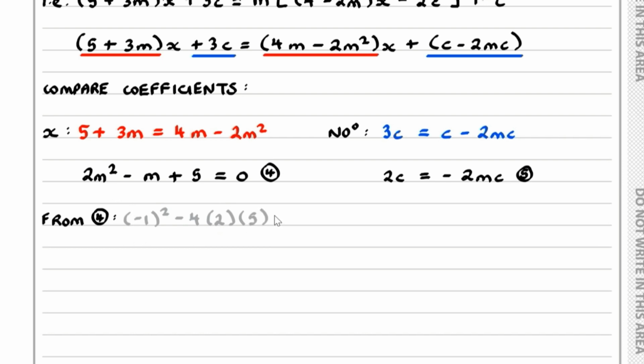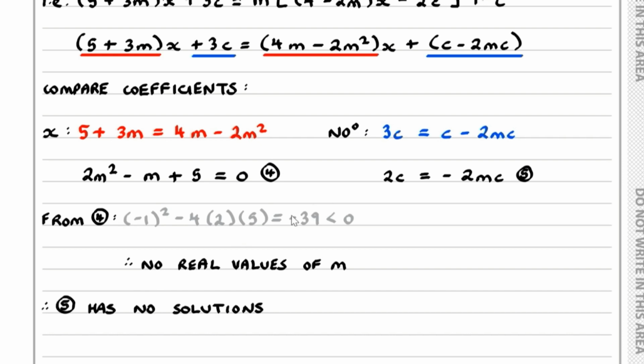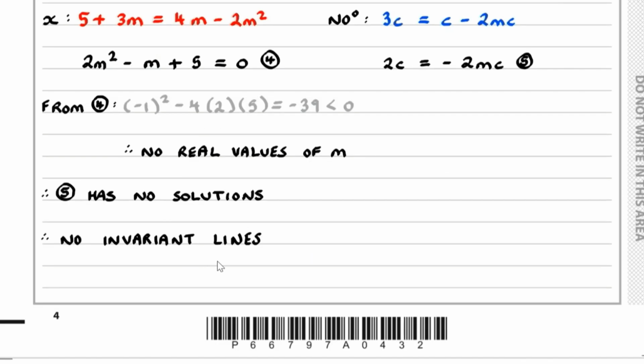We end up with minus 39, and this is less than 0, so we can see there are no real values of m, and so we can therefore conclude equation 5 would have no solutions because there's no real values of m. So what can we conclude from this? We can conclude that there are no invariant lines.